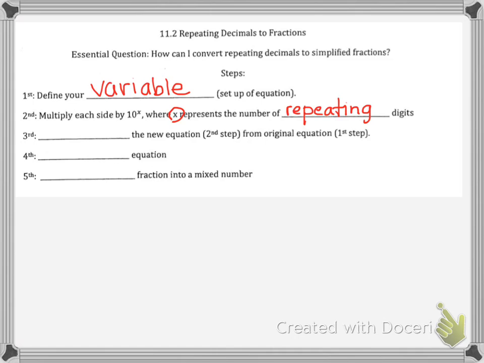Then you subtract the new equation from the original equation, and you of course solve the equation, so you're finding what that variable equals, and you convert the fraction into a mixed number if you need to.